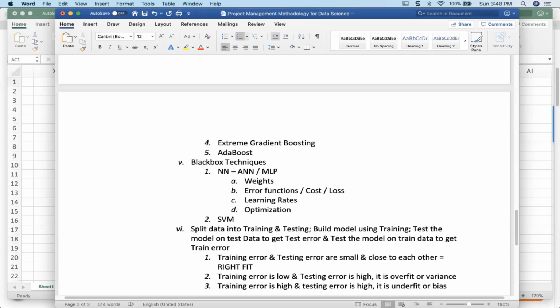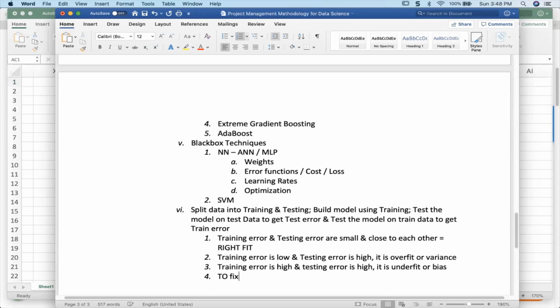Done. And to fix the underfitting issue, the amount of data should be more.